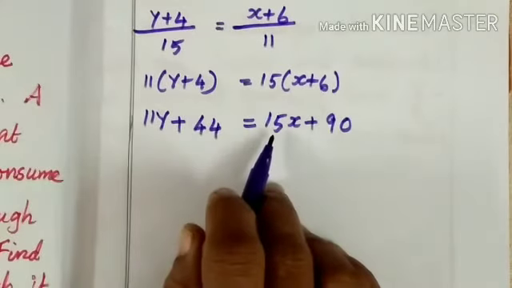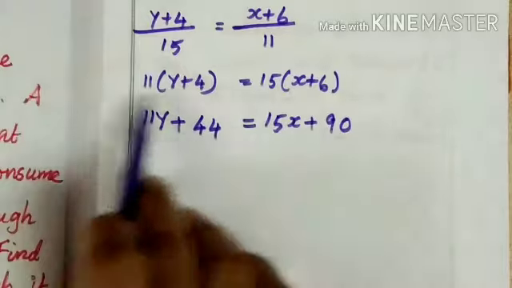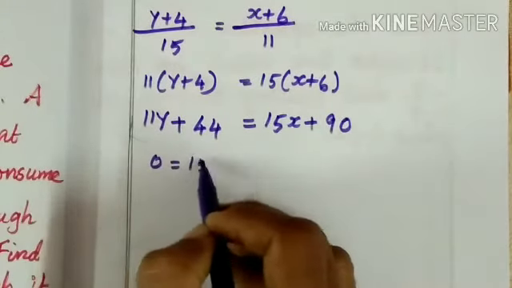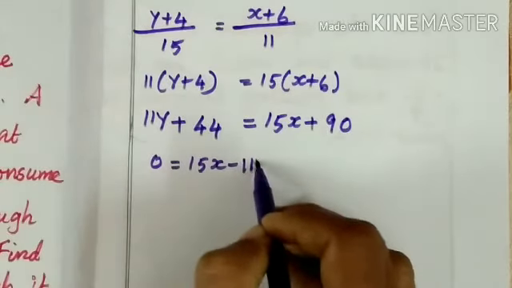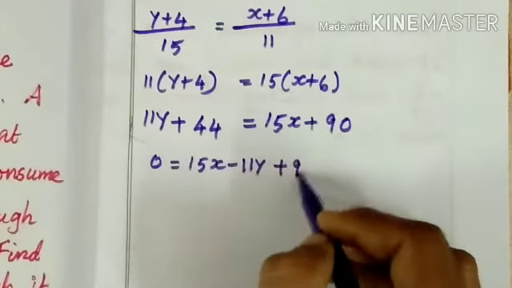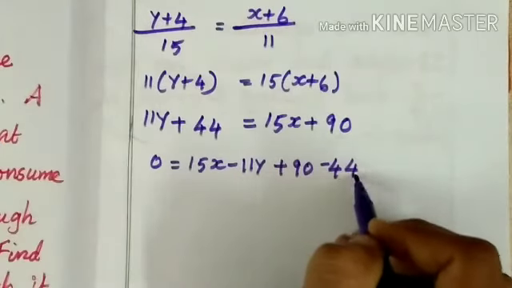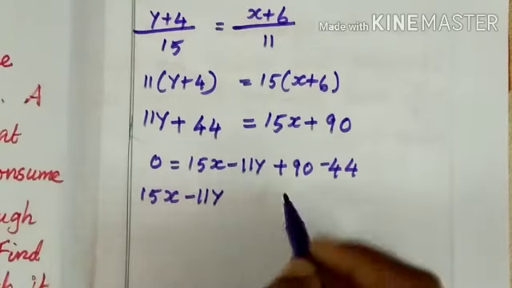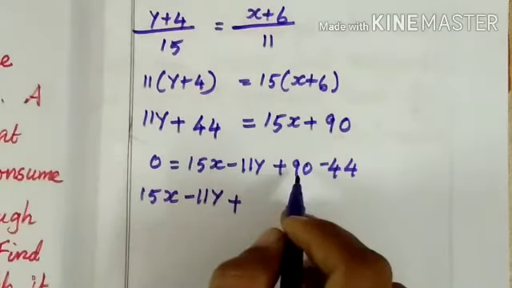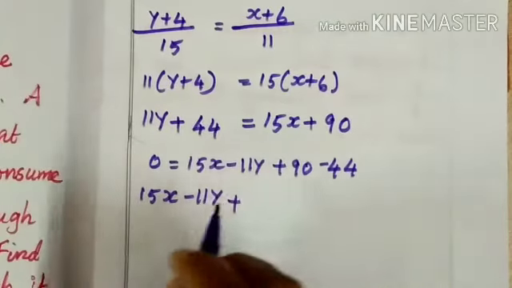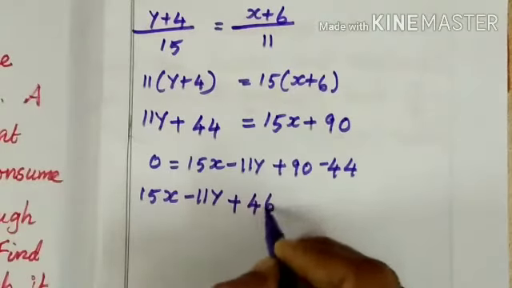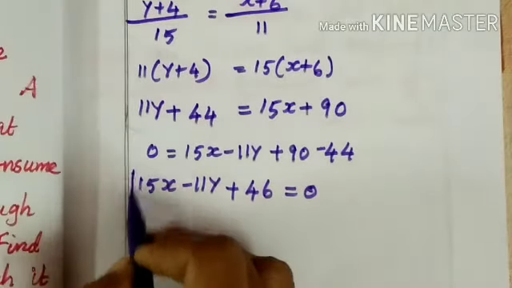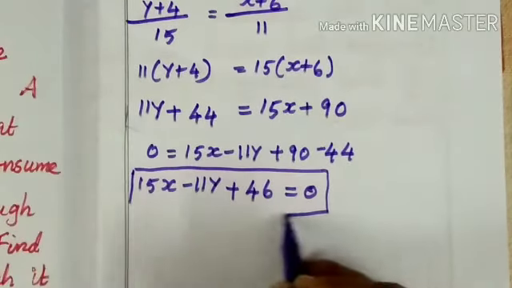You need the x term positive, so transpose this term after the equal, means we get 0 is equal to 15x minus 11y plus 90 minus 44. Subtract, means we get 46 is equal to 0. This is the equation of the required straight line.